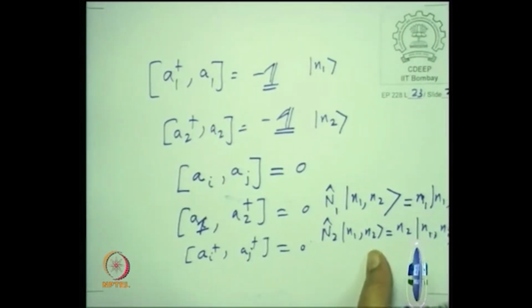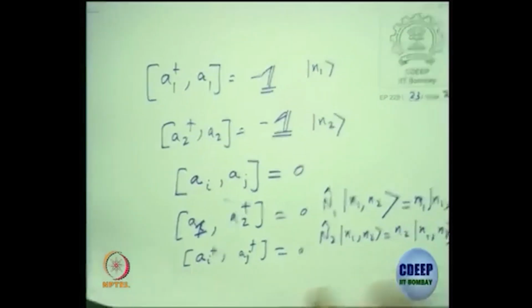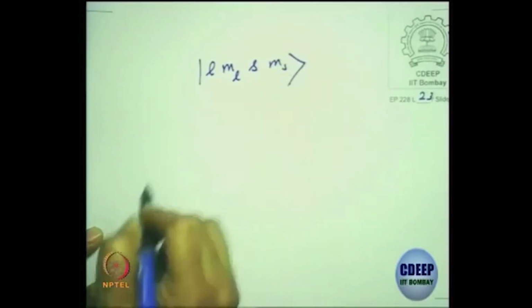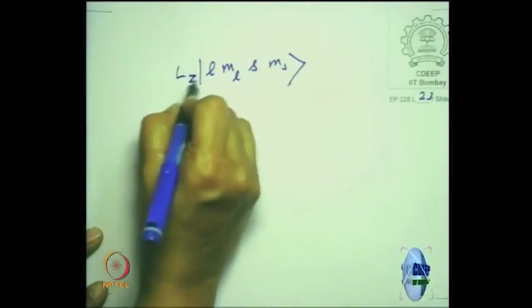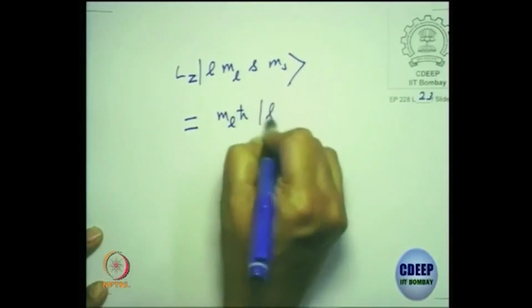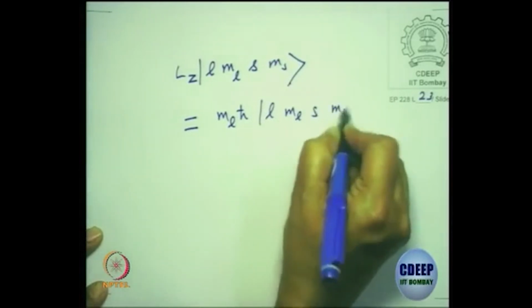Similarly, for the spin and orbital angular momentum, I could write |L, ML, S, MS>. If there is an Lz operator on this, it will give ML h cross, right?